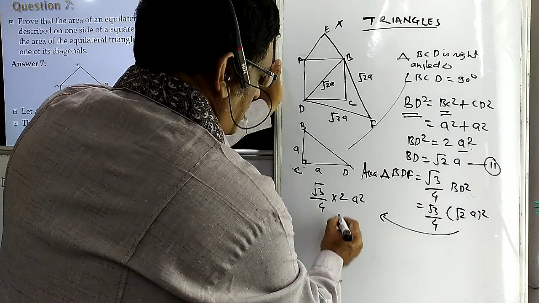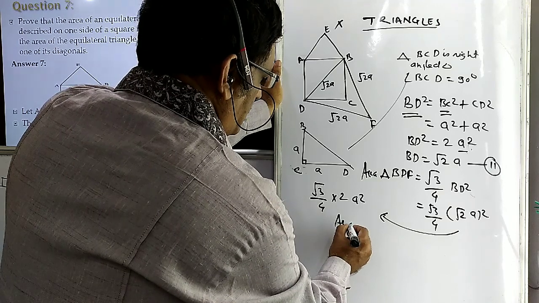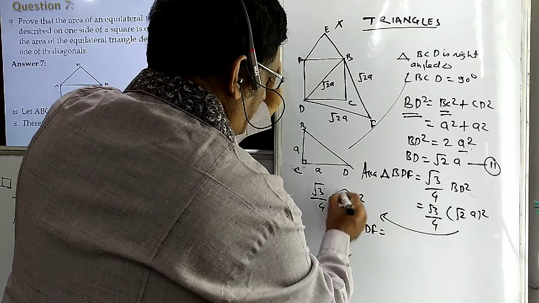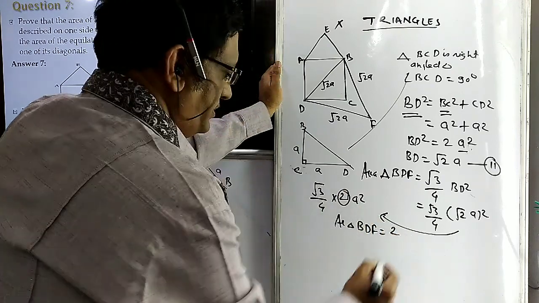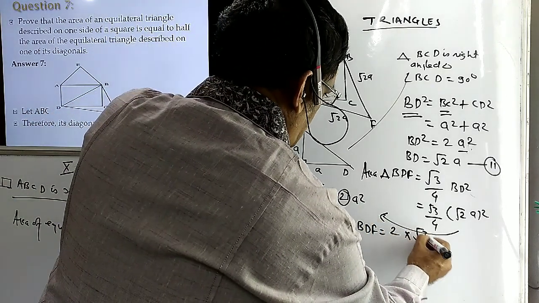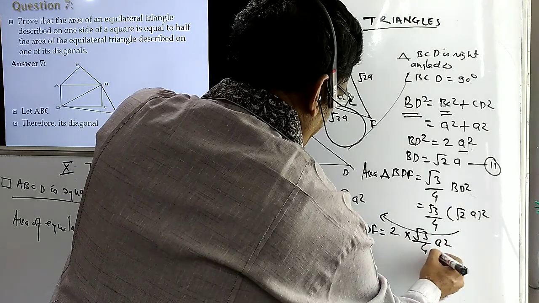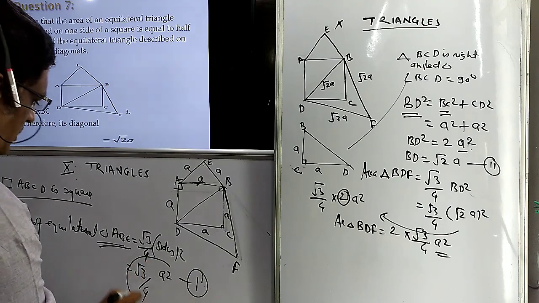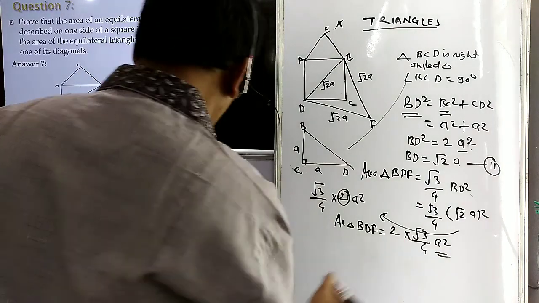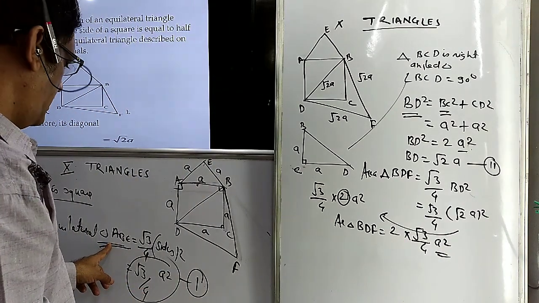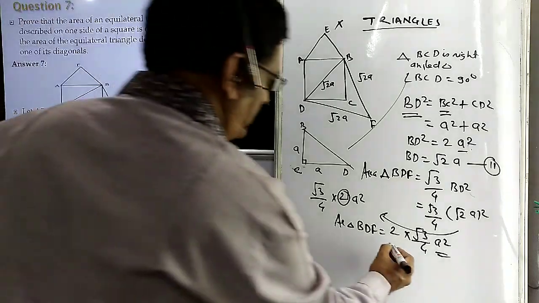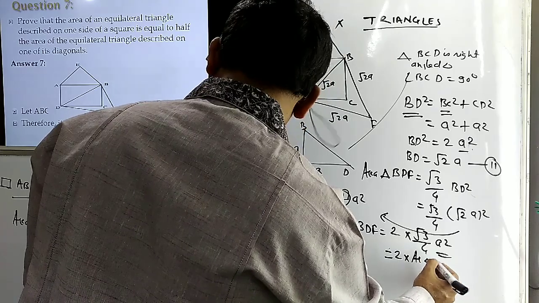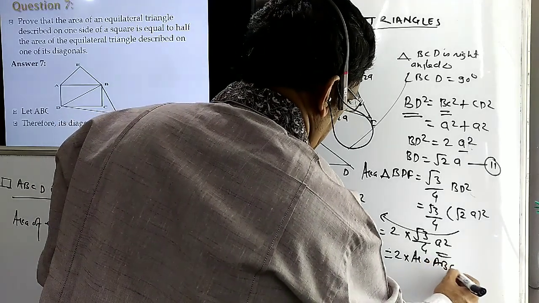So the area of triangle BDF is equal to 2 times root 3 by 4 A square. But you know that root 3 by 4 A square is equal to the area of triangle ABE.